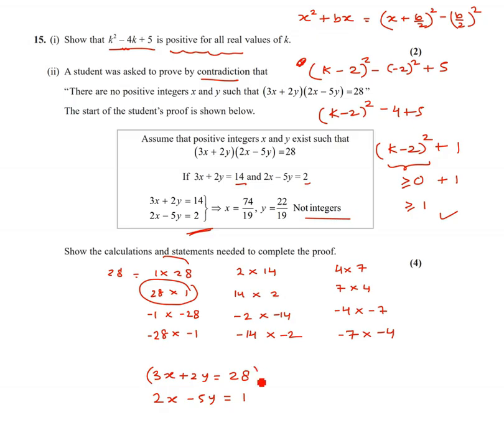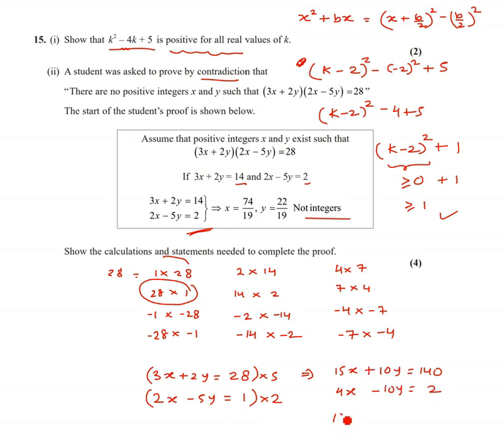Let's say we times this by 5 and this by 2, to make the same coefficient of y. So 5 times 3 is 15x, and each term is multiplied by 5 in the first equation, so 5 times 2 is 10y equals 28 times 5. Using a calculator, 28 times 5 is 140. And then 2 times 2 is 4x minus 2 times 5 is 10y equals 2.